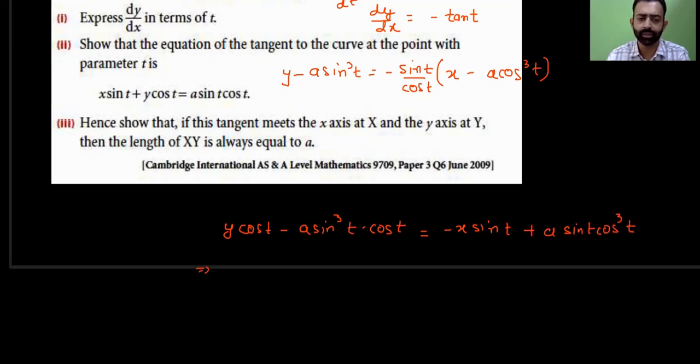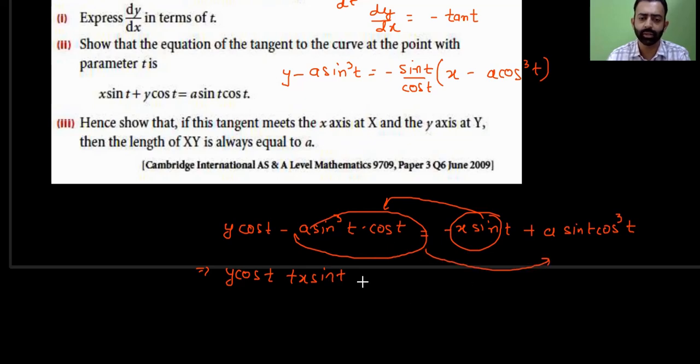That means y cos t plus x sine t, transferring this term to the LHS, is equal to a times sine t cos cube t plus a times sine cube t cos t.